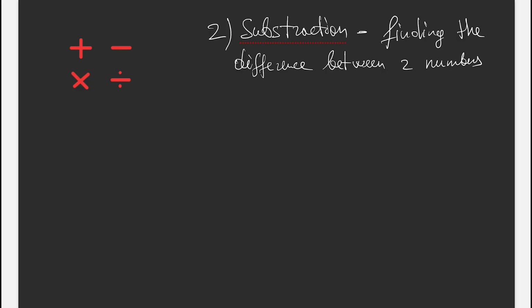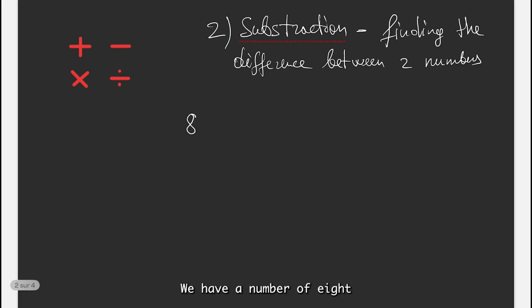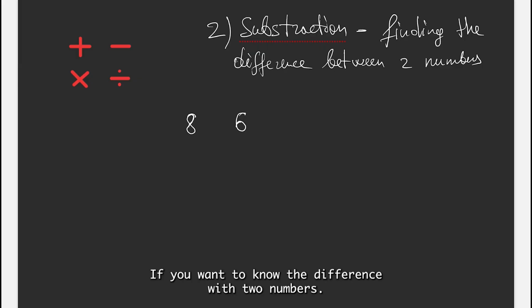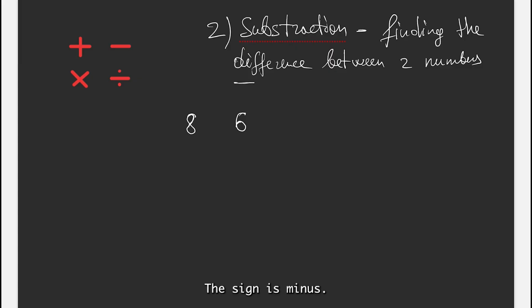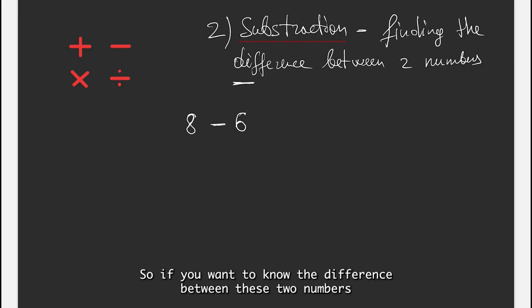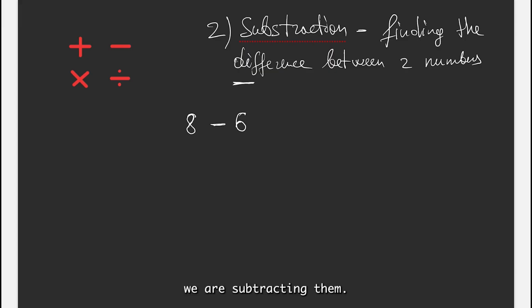So for example, let's take an example of numbers. We have a number of 8 and we have a number of 6. If we want to know the difference between the two numbers, the sign is minus. We are subtracting them. So for example, 8 minus 6 will be equal to 2.